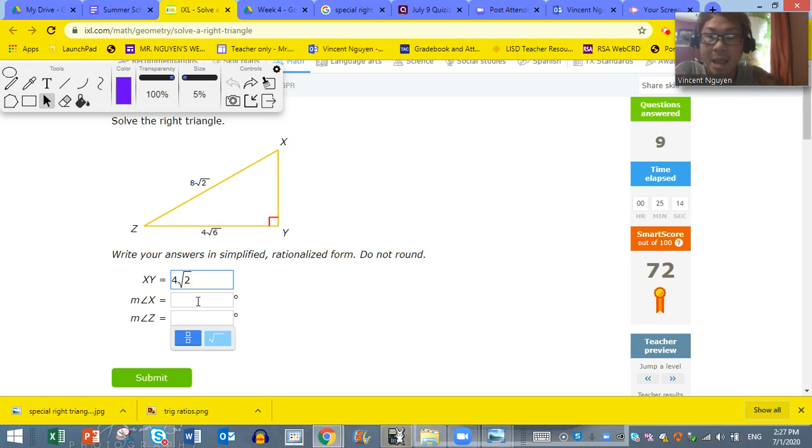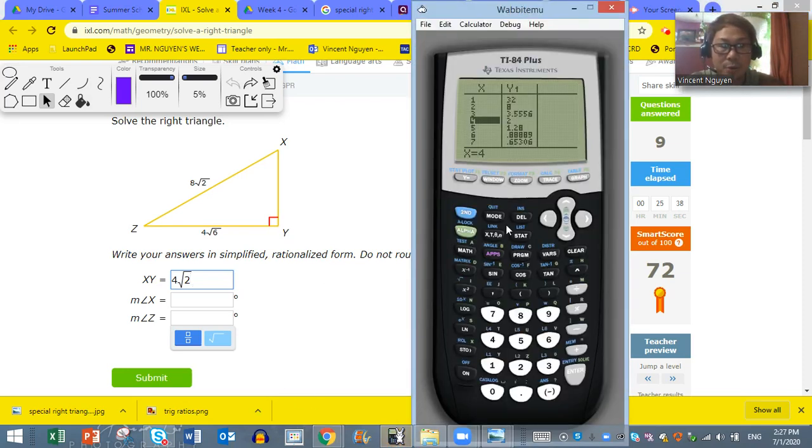Okay. For the angles, let's say I'm working on angle X first. Now notice angle X, opposite of angle X is 4 root 6, and then the hypotenuse is 4 root 2. So I'm technically doing, because I'm doing opposite over hypotenuse, that would be sine inverse, right? So I'm going to do sine inverse on my calculator, okay? All right, let's get out of there.